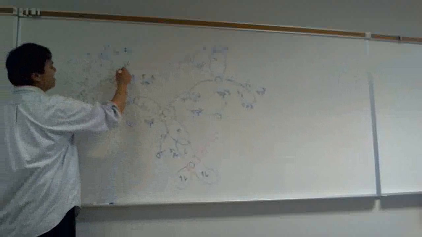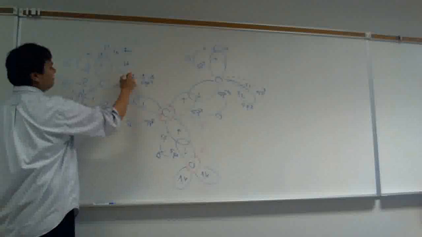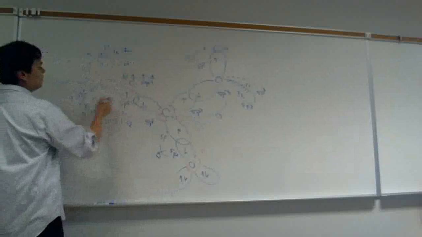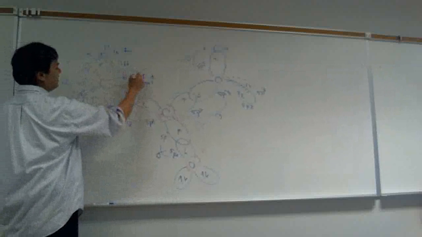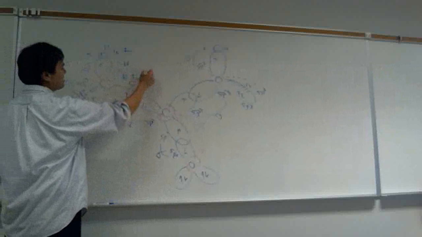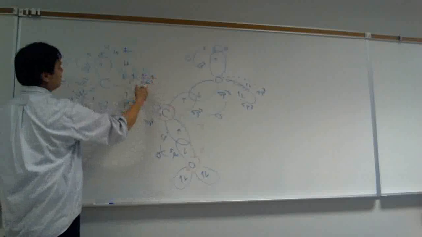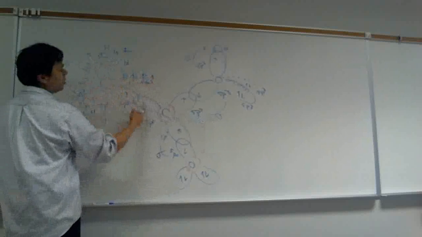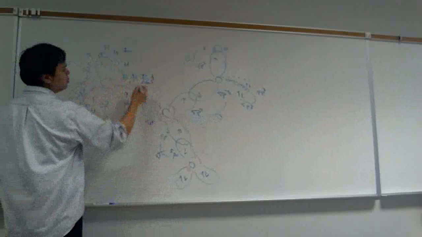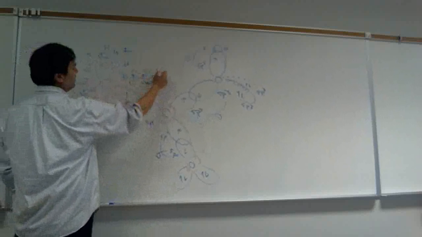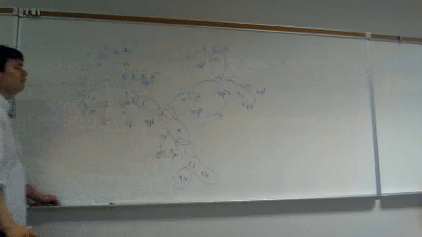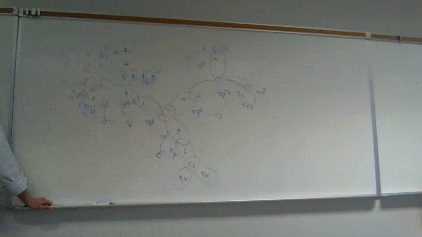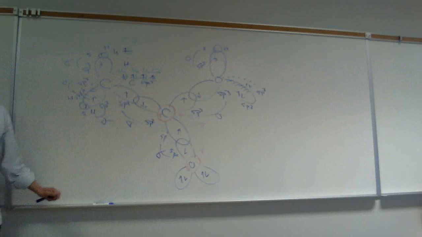And so we have a hydrogen s coming in here, another hydrogen s coming in here, another hydrogen s coming in here, and then a carbon sp2 coming in here. Do you want me to finish it? No. Okay, you've got it?